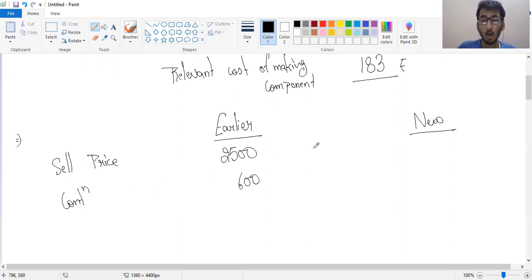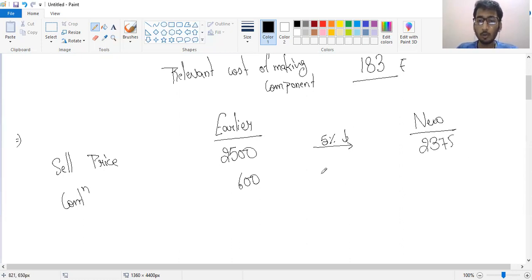But now the sale price would be reduced by 5%. So with a 5% reduction, 95% of 2500 would be 2375.